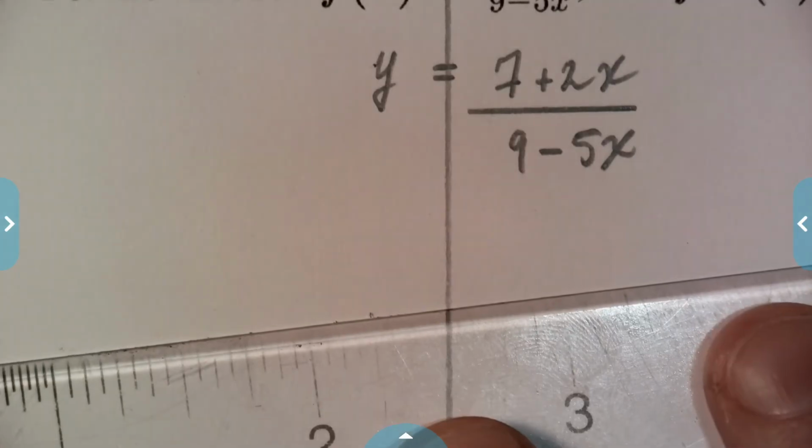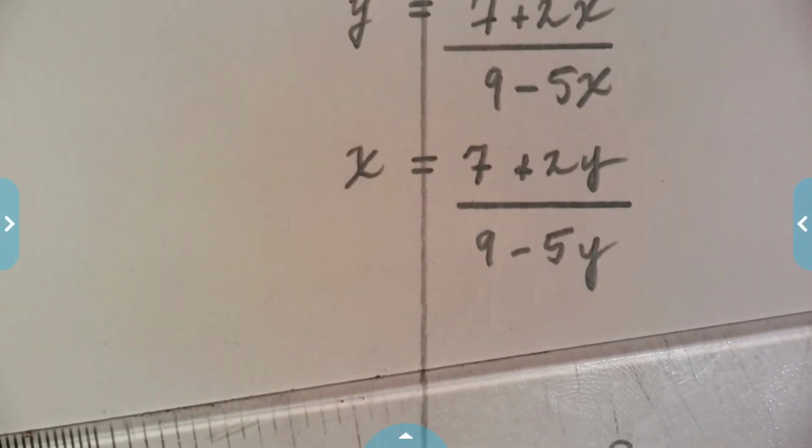Okay, now let's switch the x's and the y's. So x equals 7 plus 2y over 9 minus 5y.